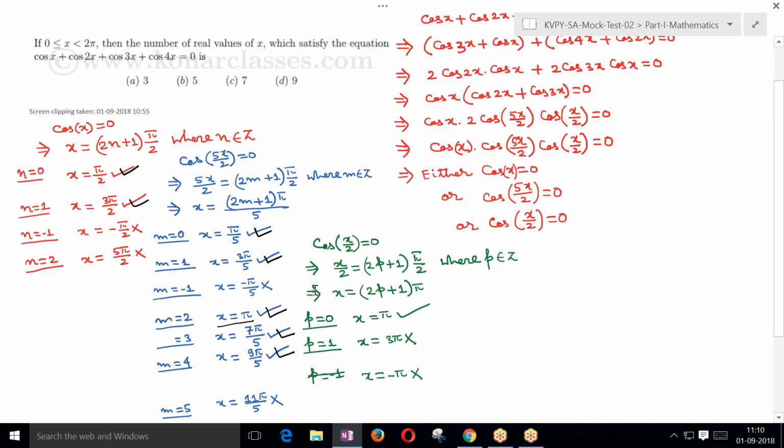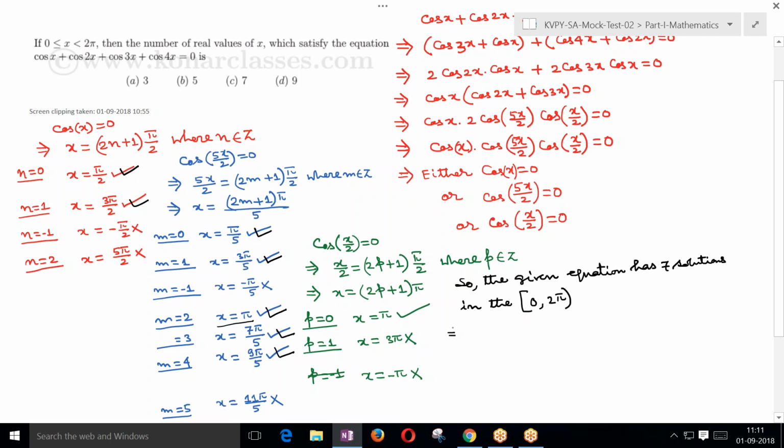So what we see is that the given equation has 7 solutions in the semi-closed interval, where 0 is included but 2 pi is excluded.